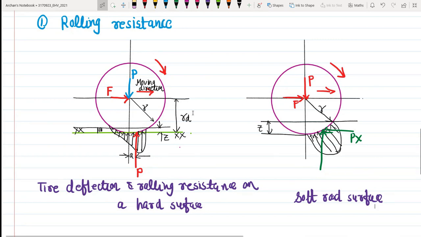So the moment produced by the forward shift of the resultant ground reaction force, we call it the rolling resistance moment.